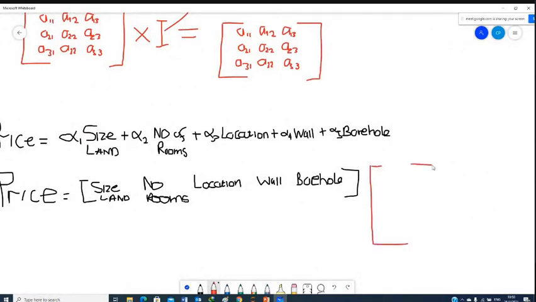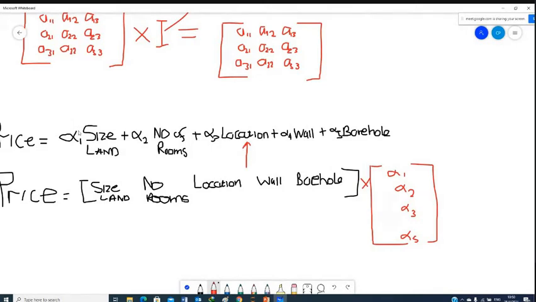And then we've got the parameters. Then we have alpha 1, 2, to alpha 5. Right. So if you multiply these two, they give you this above, right?